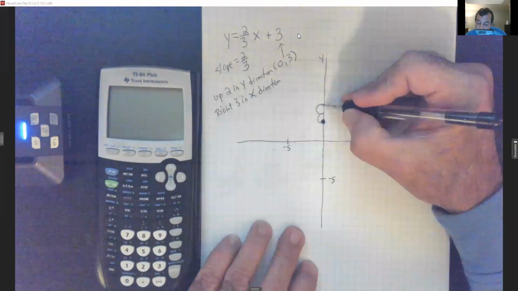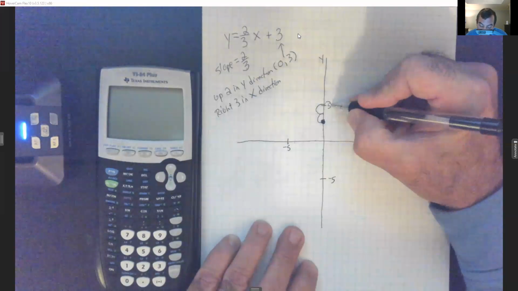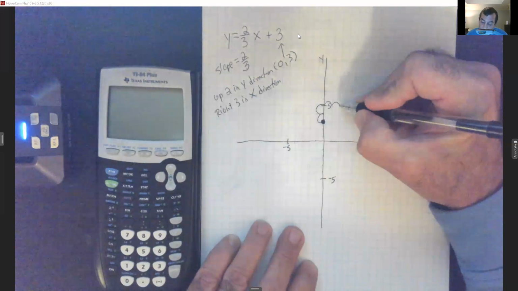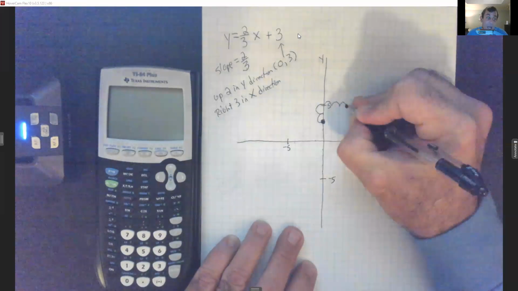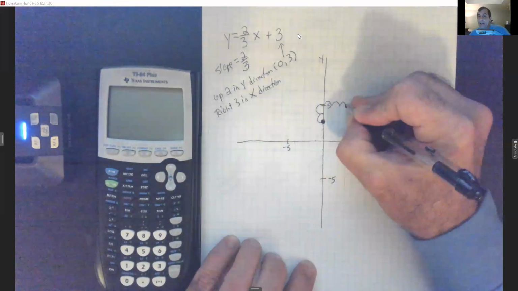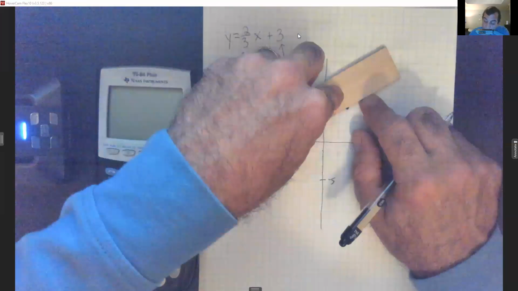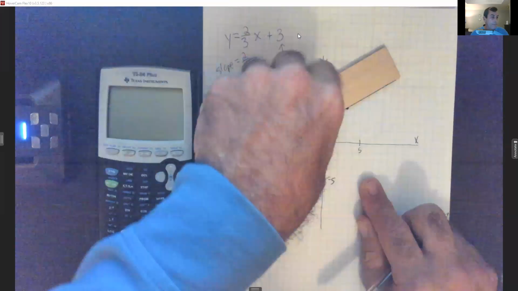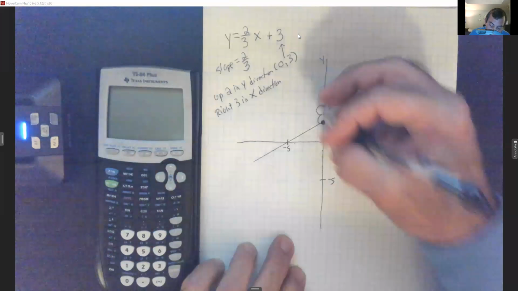So I went up 2. From that point, I would go right 3. So 1, 2, 3. After I move right 3, I draw my dot for my second point. At this point, I can now draw a line. So, up 2, right 3.